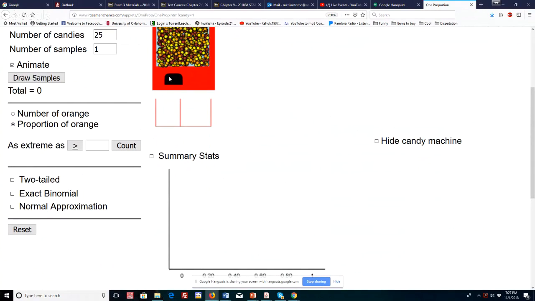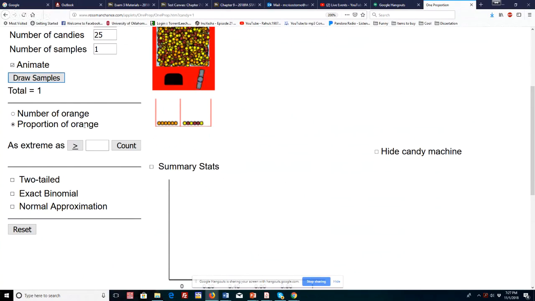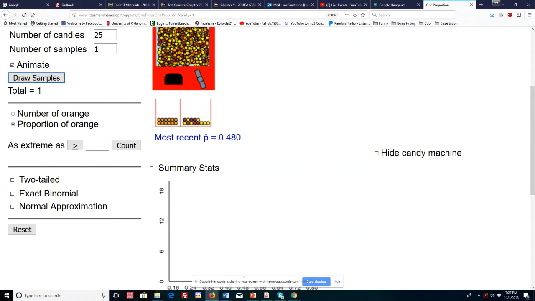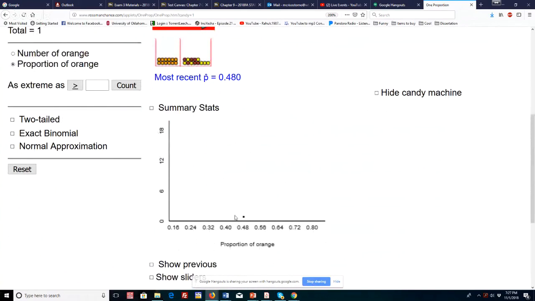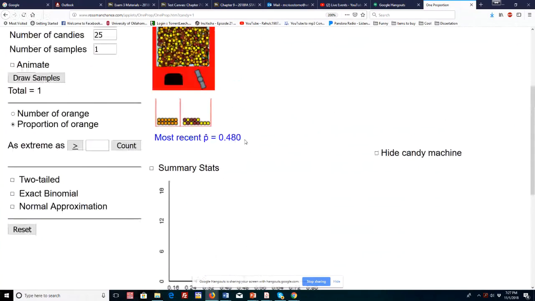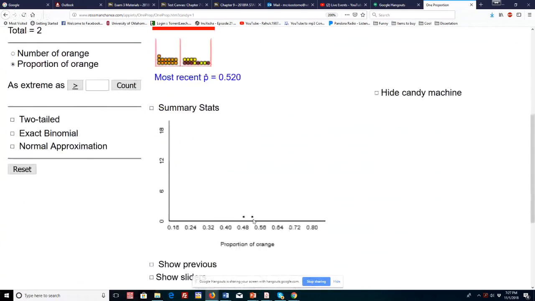So I'm going to take a sample of 25 candies. Here's my sample of 25 candies, and it comes out to 0.48. So there's our one sample, and I've graphed it down here. I could take another sample. There's 0.52. There it is.